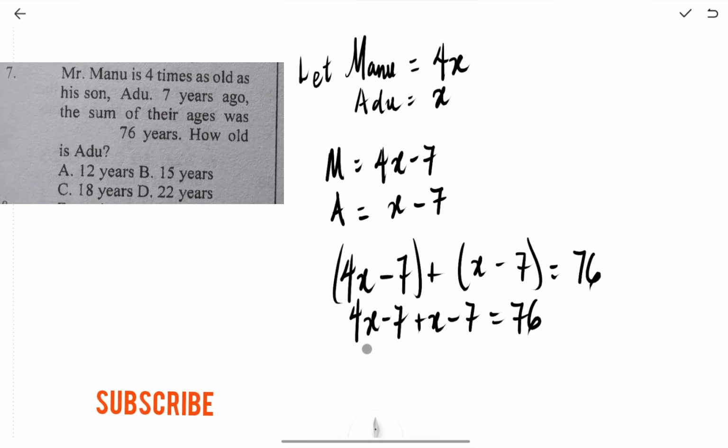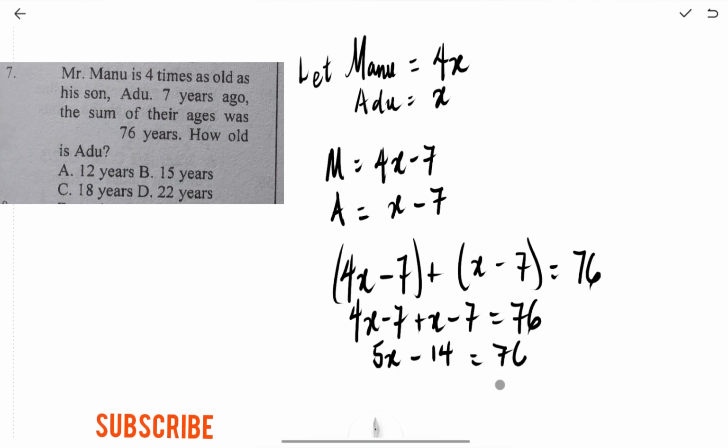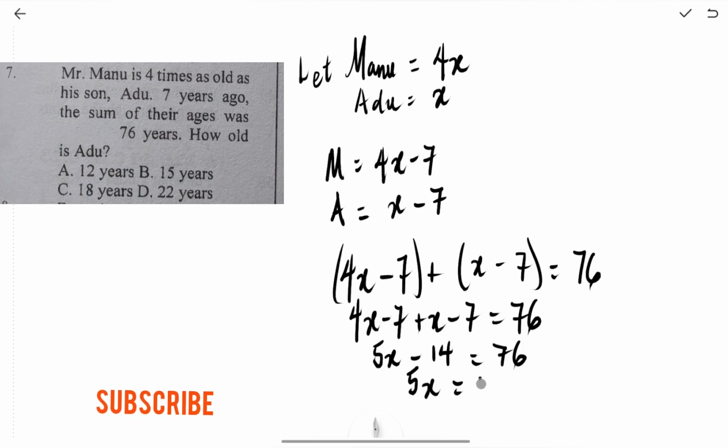Then we collect like terms and add them together. 4x plus x is 5x, minus 7 minus 7 will be minus 14, equals 76. Collect like terms again by taking minus 14 to the other side. We have 76 plus 14, that's 90.